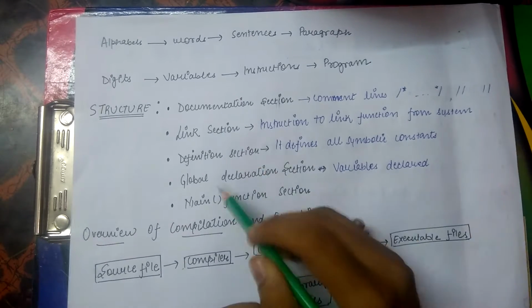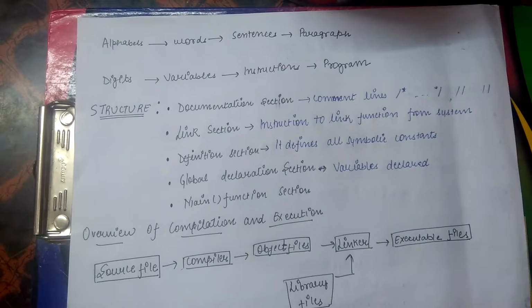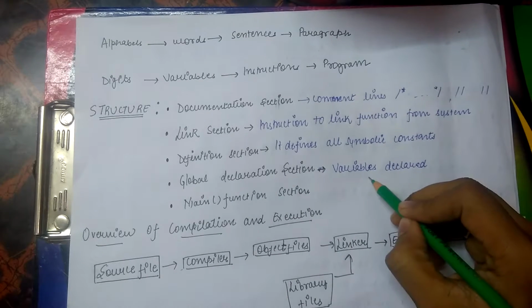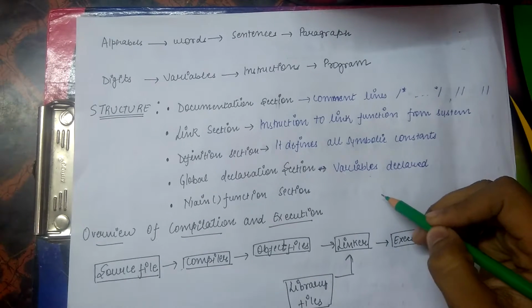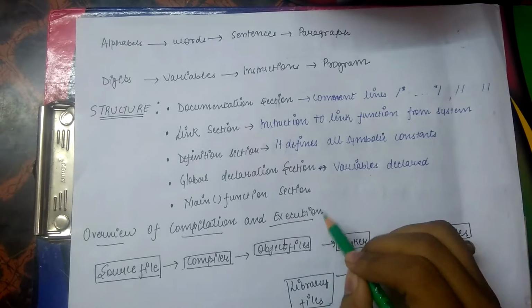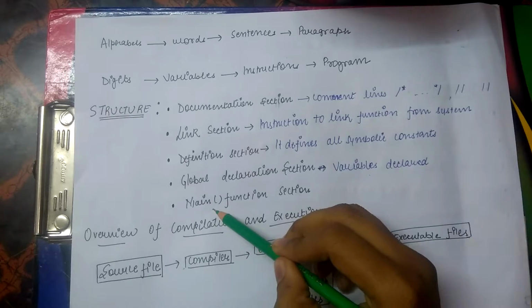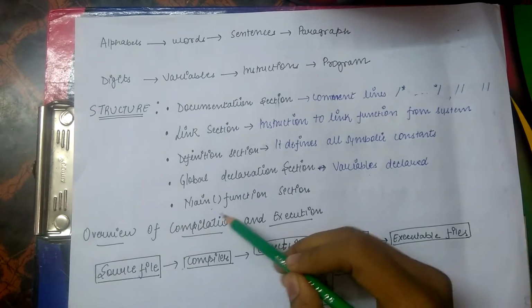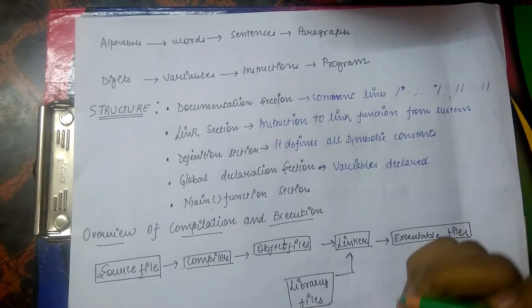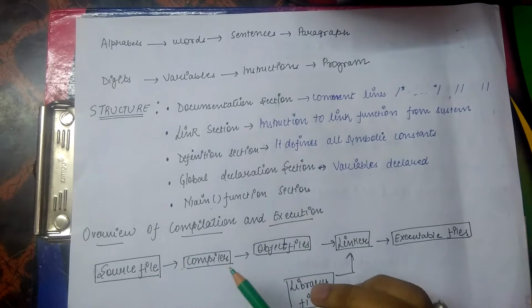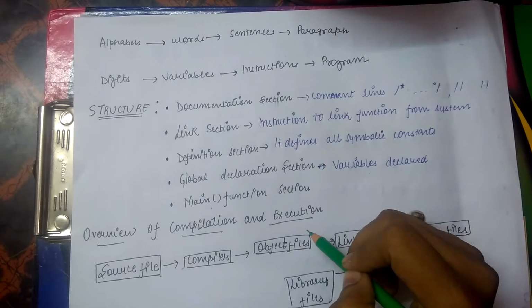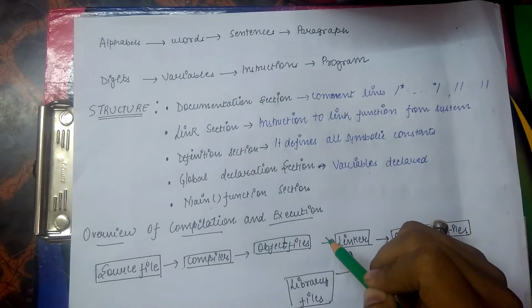In the global declaration section, many variables are declared globally, which means those variables are accessible throughout the program. Main function section. Main function could be with return type or without return type, meaning int main, void main, that we will discuss further.